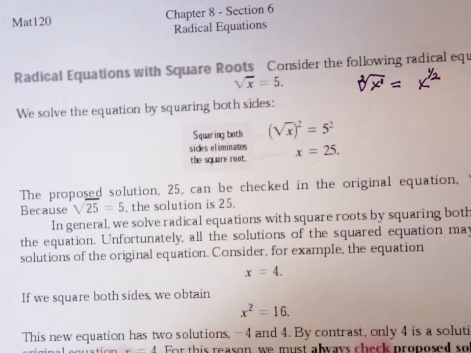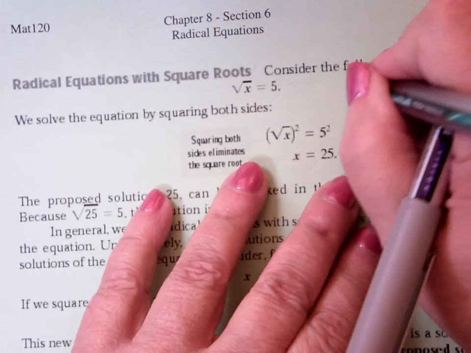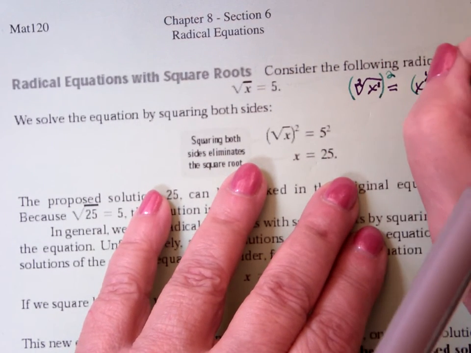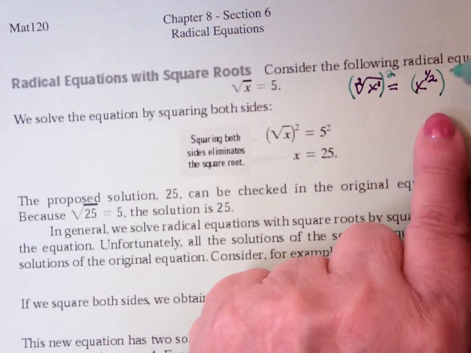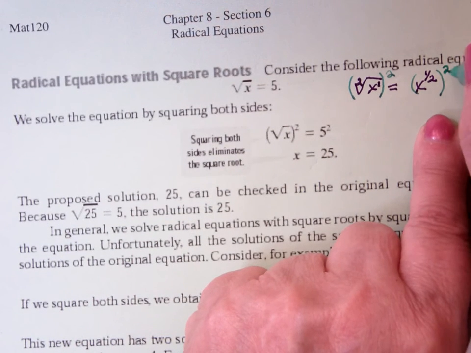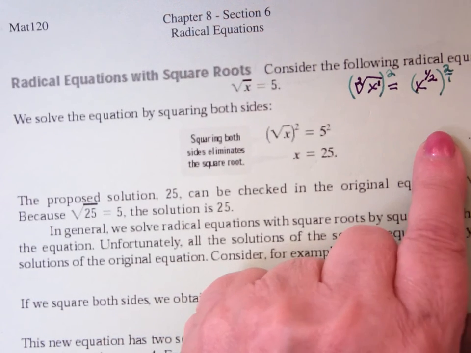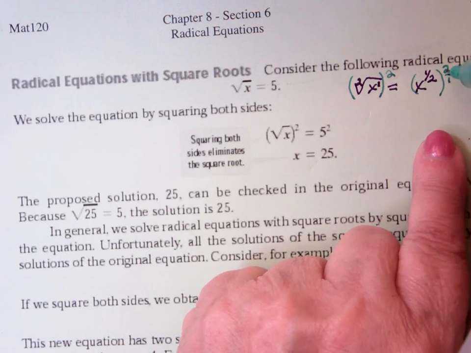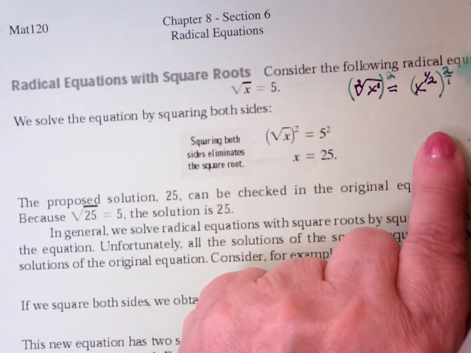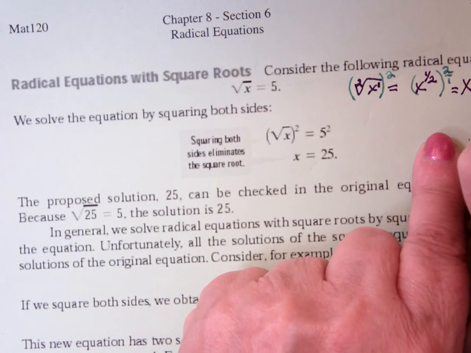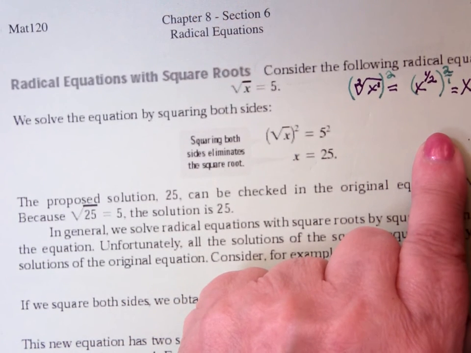So therefore, it would make sense that to get rid of a radical, what you would do is raise it to the reciprocal power. That would be 2 over 1. Well, 2 over 1 is just squaring it. So what happens is this. When you square both sides, this becomes x to the 1/2 times 2 over 1, and that's just x.